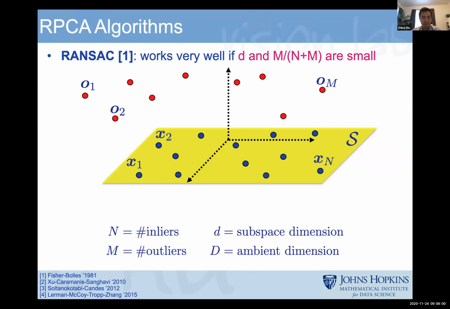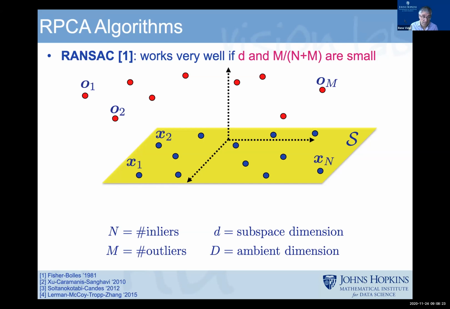So this question of fitting a subspace to data corrupted by outliers has a long history, and there have been many works that have tried to address this issue, that the SVD is not very robust to outliers. One method that is very commonly used in computer vision is RANSAC, which stands for random sample consensus.